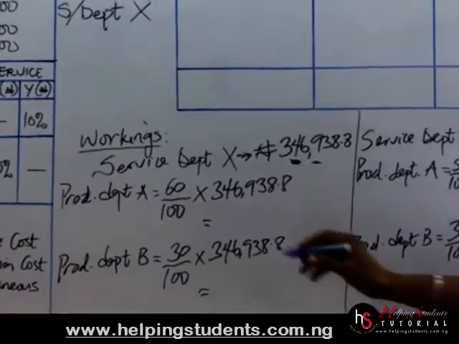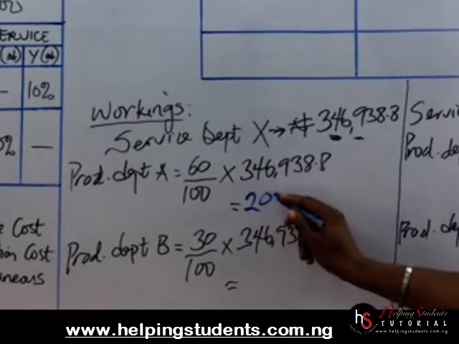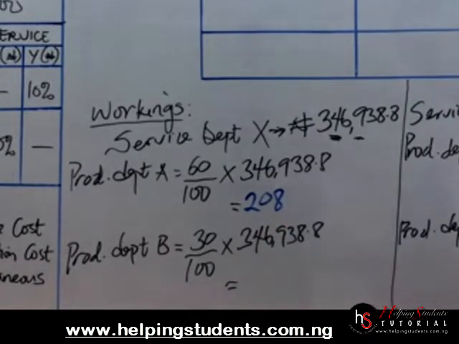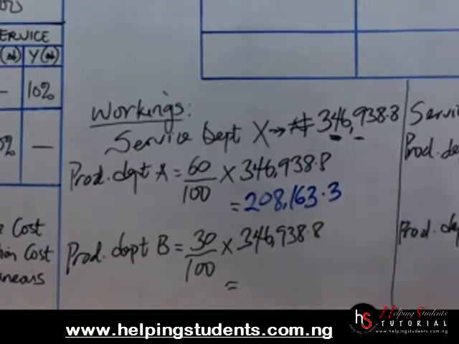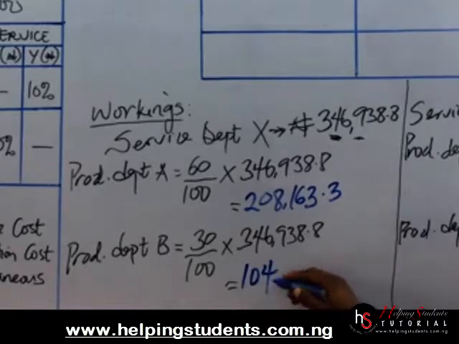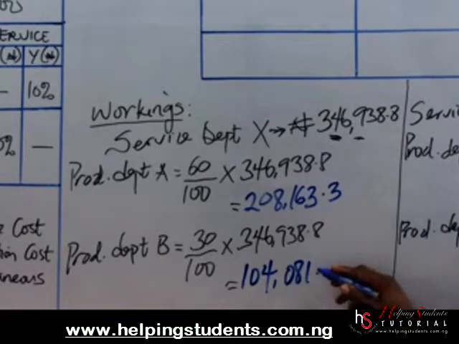So here we have 208,163.3. For production department B, we have 104,081.6.